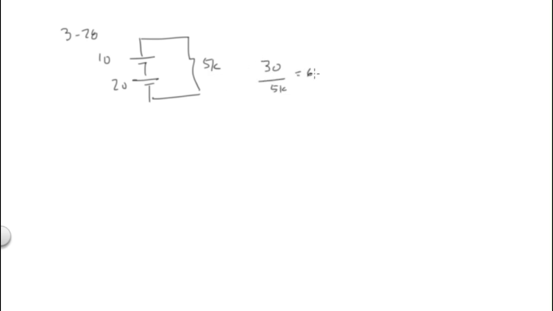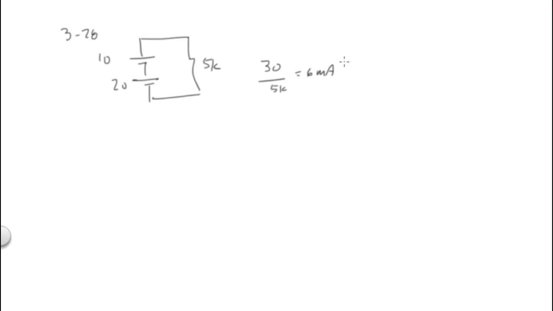Okay, so 328. For figure 328A, find I. In figure 328, we have two values of voltage. I have a 10 and a 20, and I have a 5K resistor. I can add the 10 and the 20 together, that's 30 volts and 5K, so 30 volts divided by 5K, or 6 milliamps.